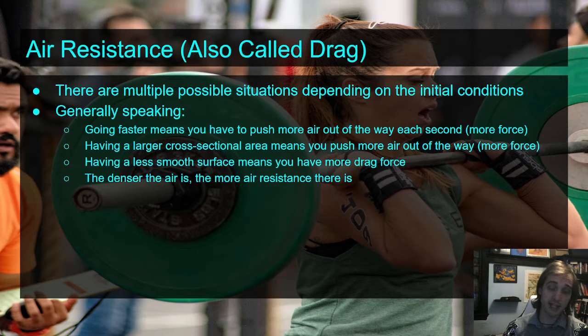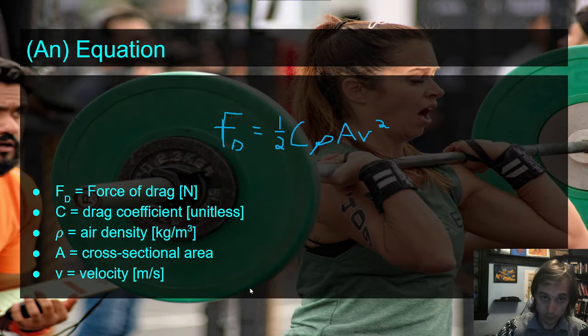And lastly, the denser the air is, the more air resistance you'll wind up having because there's more air that you have to push out of the way. So when you take all these things together, conceptually, you should know that all of these happen. If you're able to look at the situation and think, what would make there be more air that I'm pushing out of the way? That will also make there be more drag.